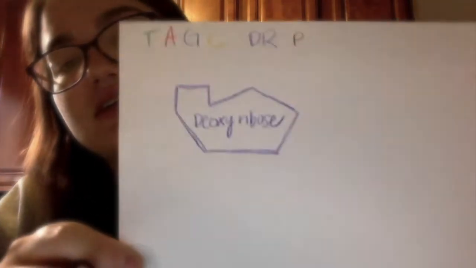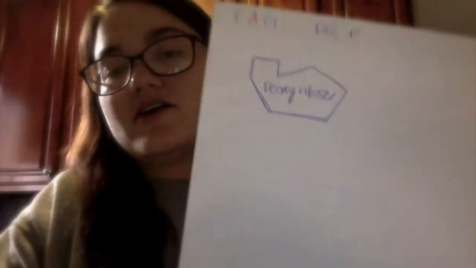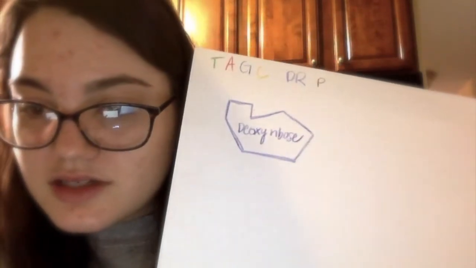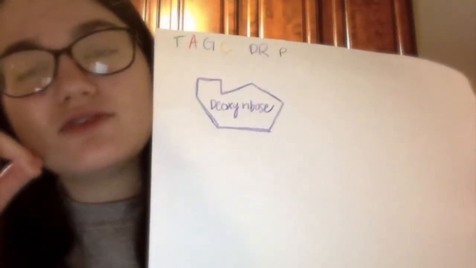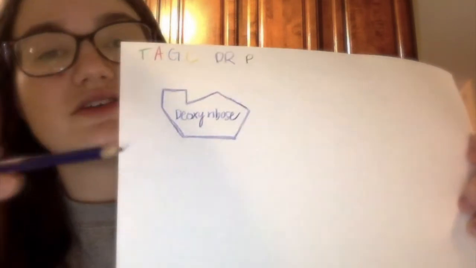So you can see that my deoxyribose is going to look like this. Now I'm going to actually have to draw 12 deoxyriboses. So I'm not going to show you how to draw all 12, but this is what your deoxyribose shape is going to look like.